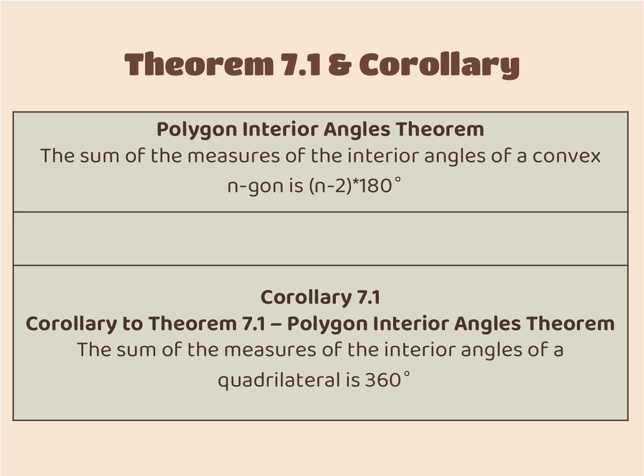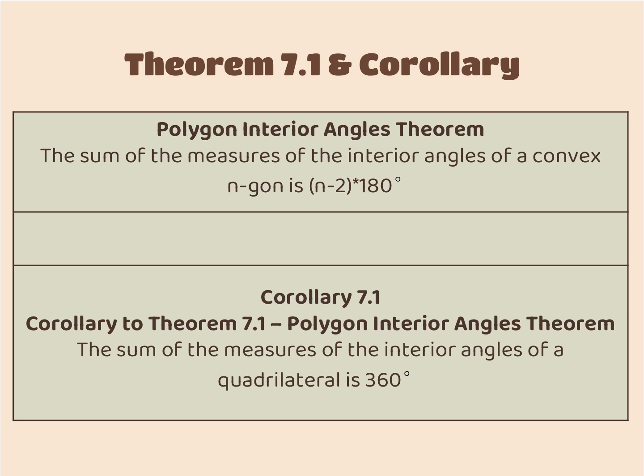Theorem 7.1 and corollary, polygon interior angles theorem. So again, yes, we will cover proofs. They're going to be short proofs, not too long. This is on the easier side. Polygon interior angles theorem. The measure of the interior angles of a polygon, that's basically what it means.